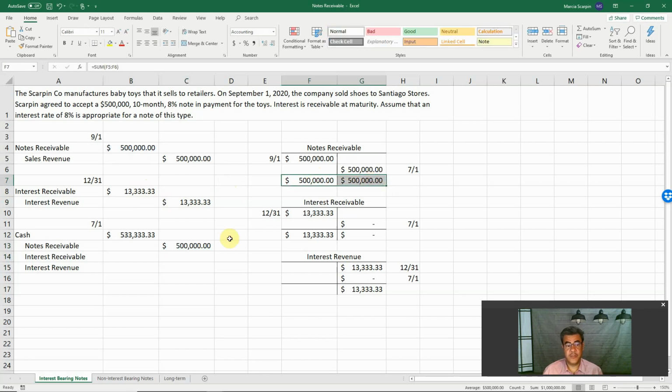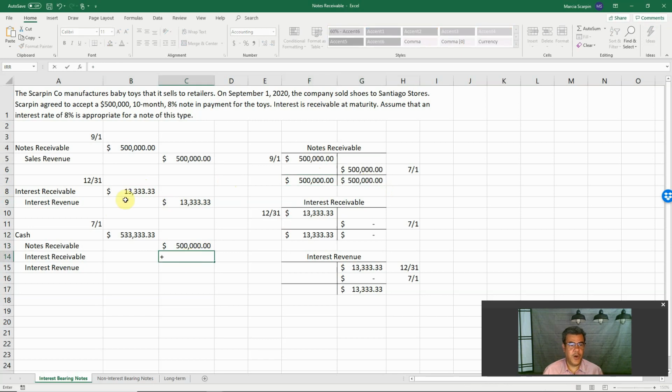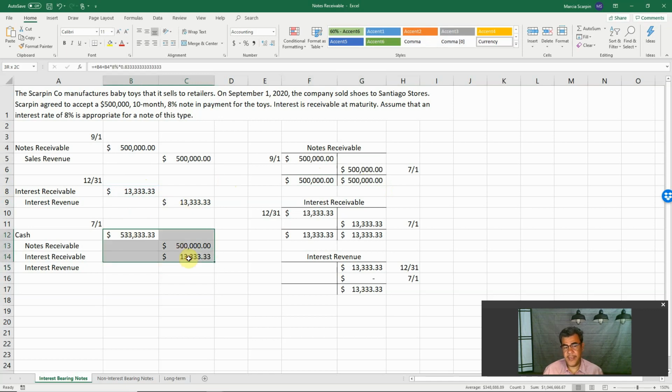We have it closed. Interest receivable, 13. And the interest revenue, we have two ways to find it. The first one, the number to balance, and it will be $20,000 probably. However, we don't know if the numbers are right.